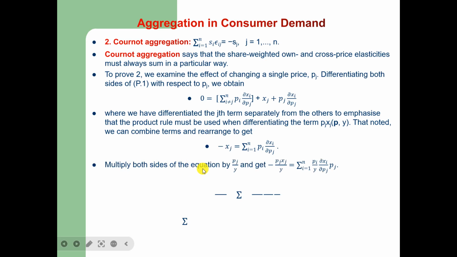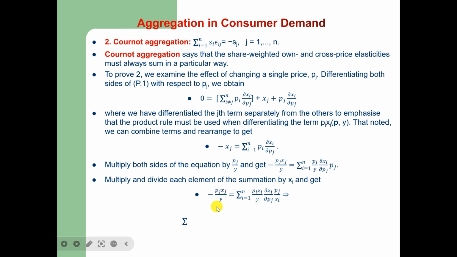Multiplying both sides of the equation by Pj over y, we get minus Pj xj over y is equal to summation i varies from 1 to n, Pi over y, del xi over del Pj, times Pj. And we multiply and divide each element of this summation by xi.